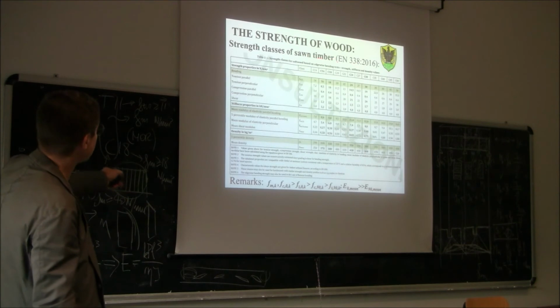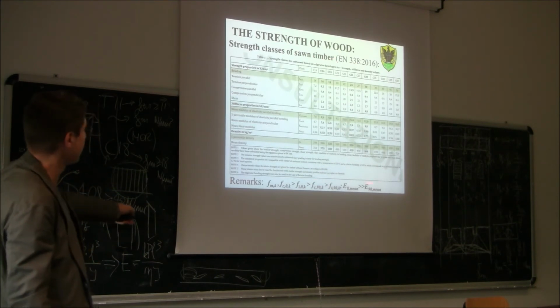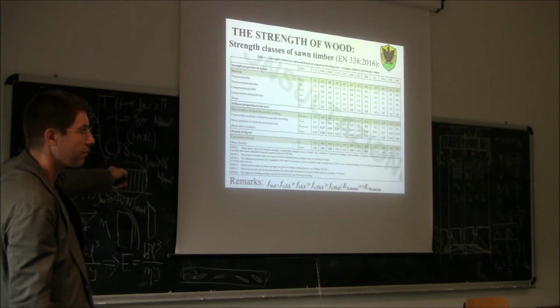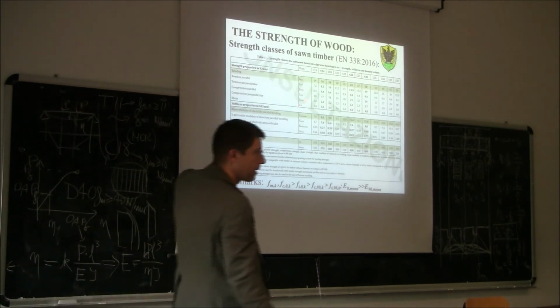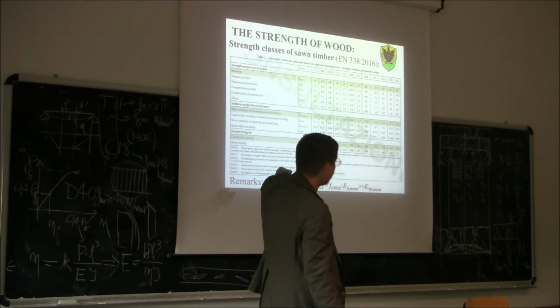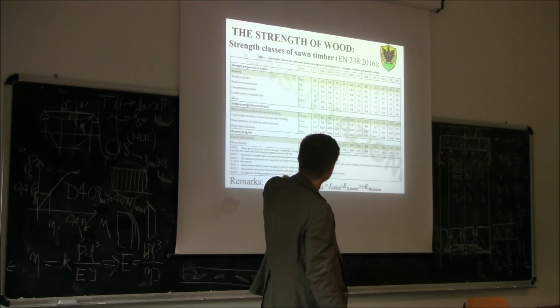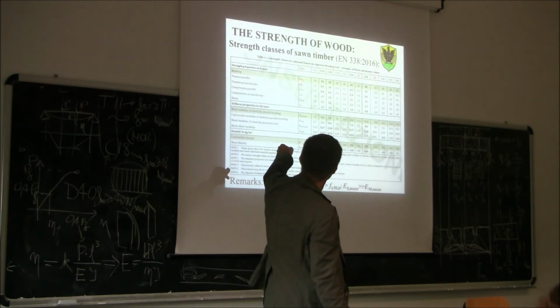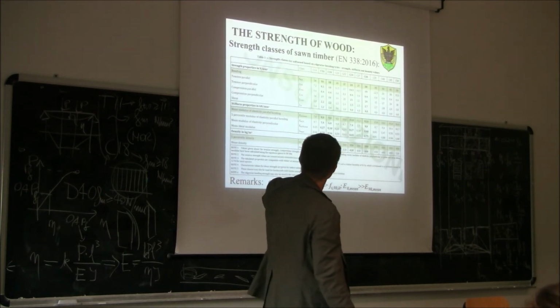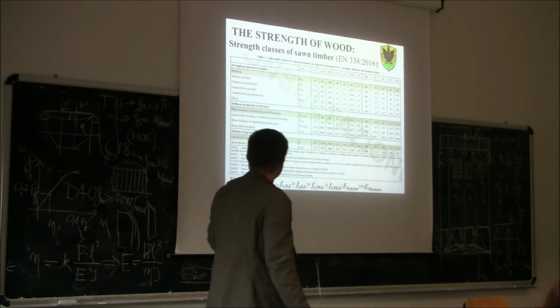So this is the system of the strength classes according to this European regulation, as you can see here. The symbols, just a reminder: F strength, E module of elasticity, G module of shear, rho density. M bending, K characteristic, and then T tension, 0 parallel to the grain, 90 perpendicular to the grain, C compression, V shear, longitudinal shear.